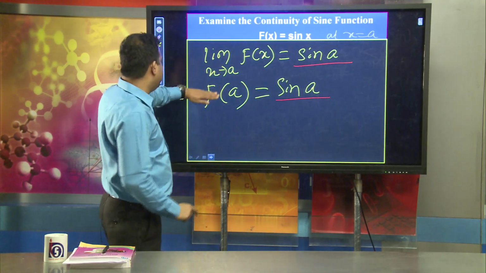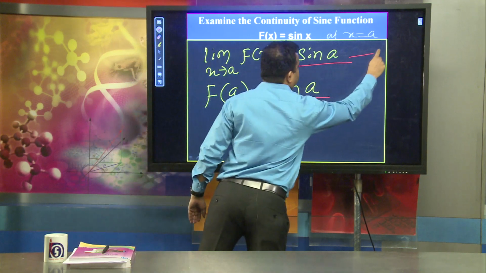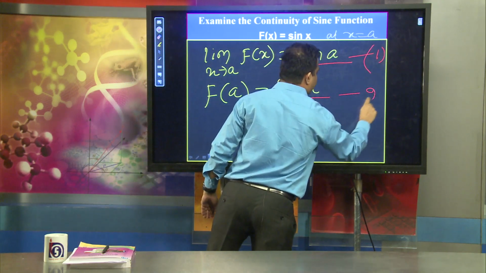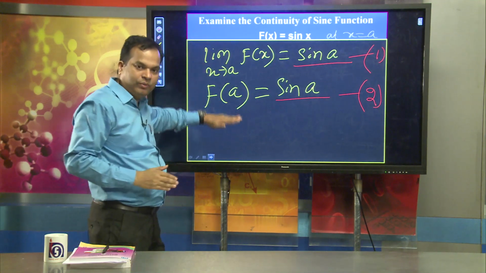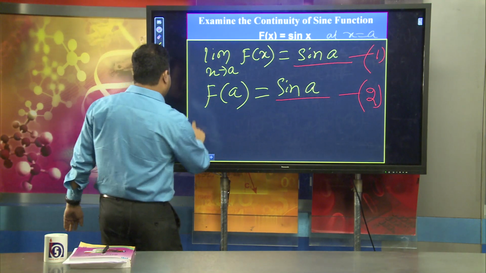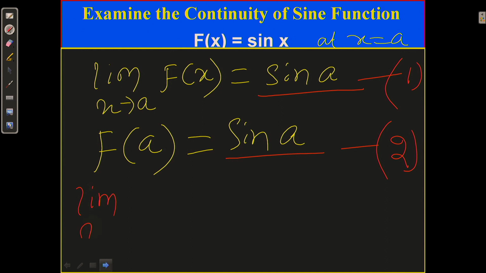So, we can safely write from equation 1 and equation 2 that the limiting value is equal to the functional value. So, I can write limit x tends to a of f(x) equals f(a).